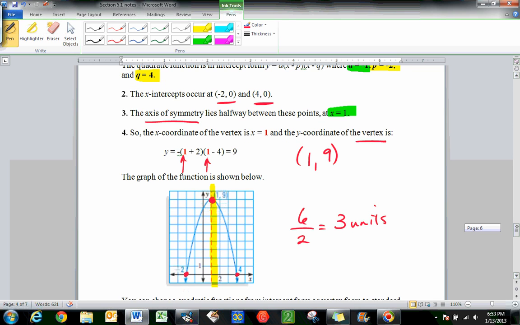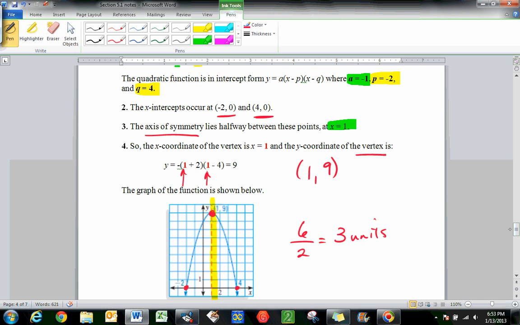Now, if you really feel like you need an extra point to get a good graph, then feel free to go ahead and do one t-chart point and then plot its point of symmetry on the other side to get your full parabola. But in this particular example, you're probably fine just leaving it with the 3 points that we have.